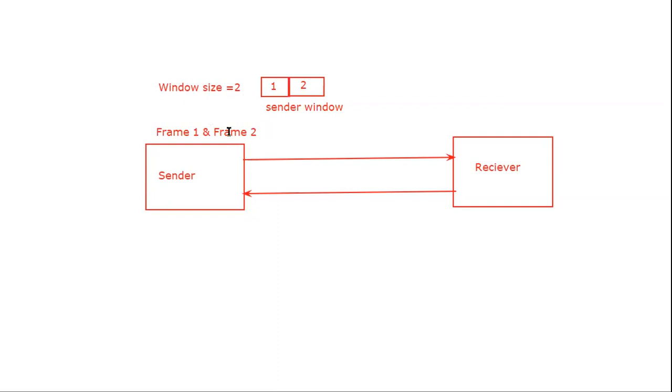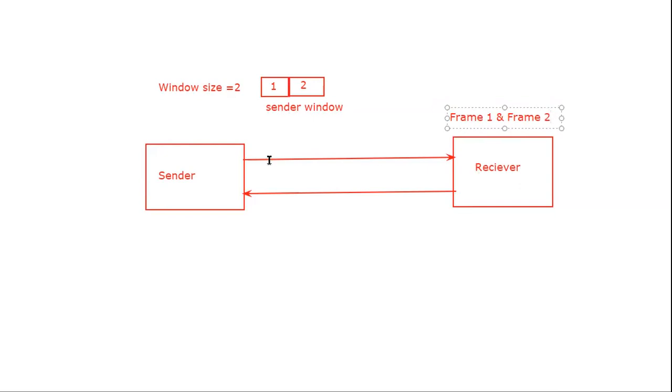So now what happens? Suppose this starts moving like that. You can see frame 1 and frame 2. From the sender it will start moving, then it will reach the receiver side.